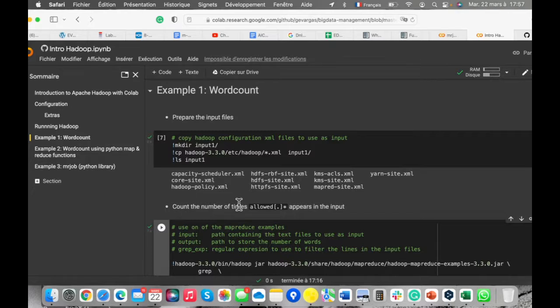Then there is an important question, which is who does all this? Who prepares the files, etc.? I'm not asking you to program because I want you to understand the programming model rather than testing your programming skills.